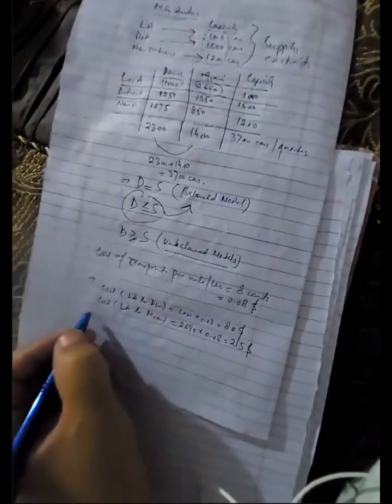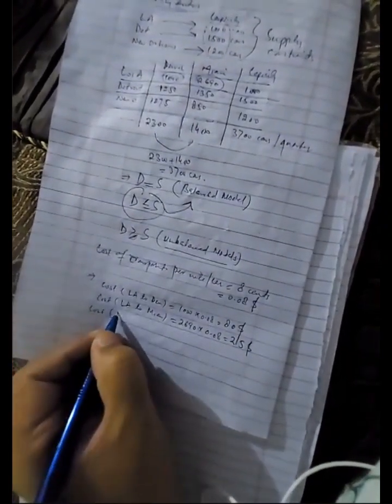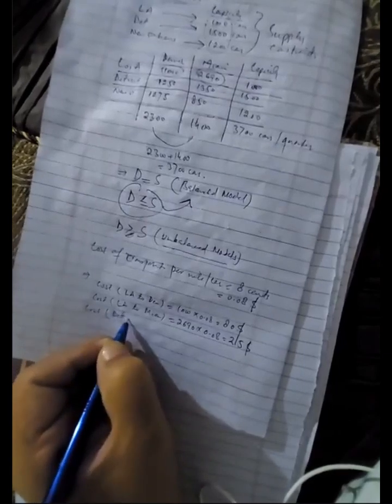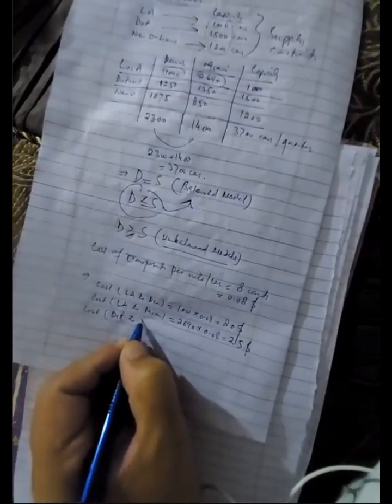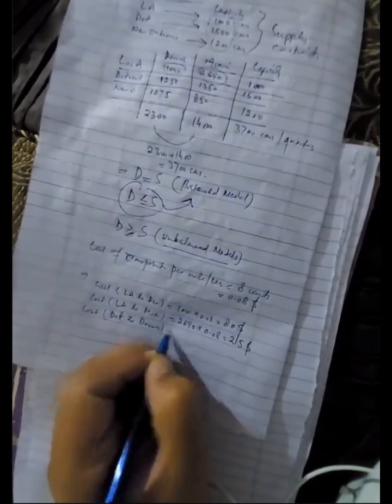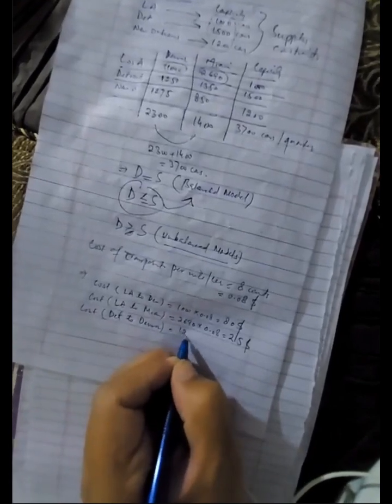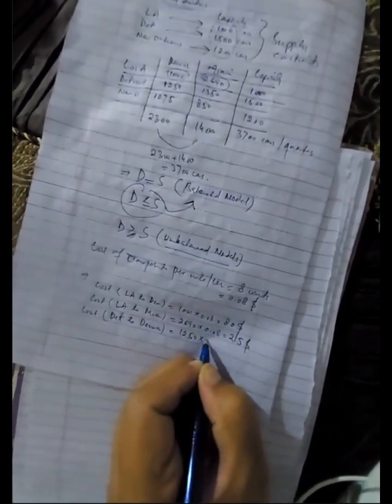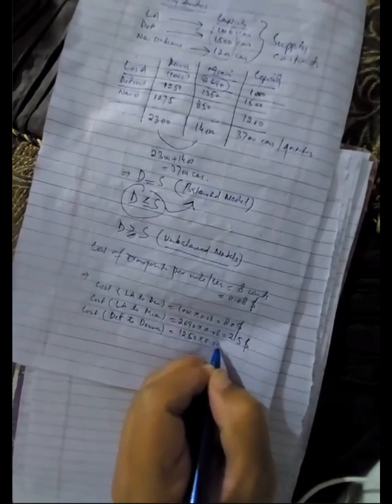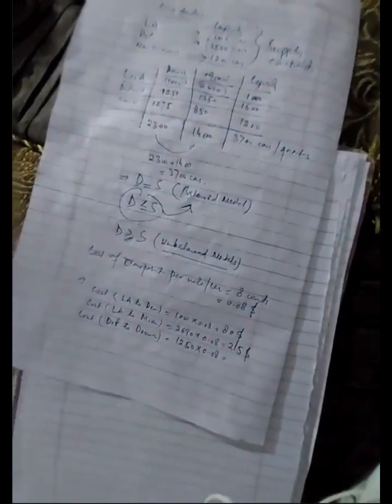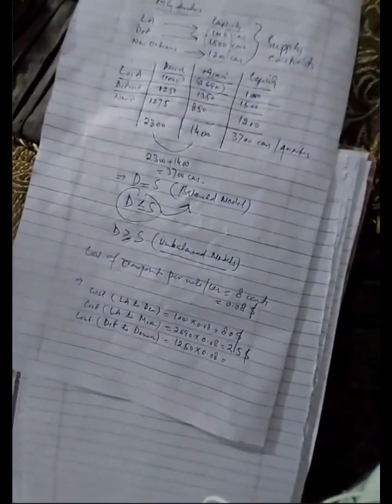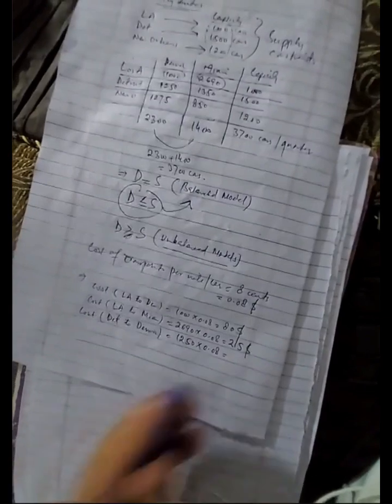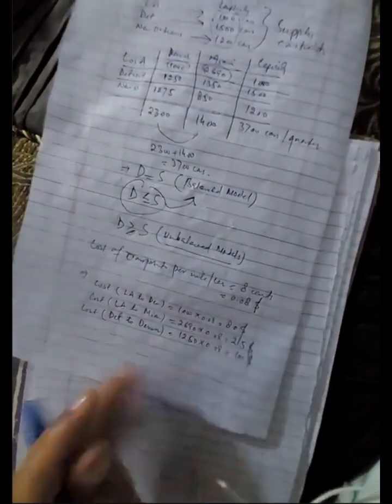Now the cost from Detroit to Denver is equal to 1250 miles multiplied by the cost per mile, 0.08. So it will give us $100.